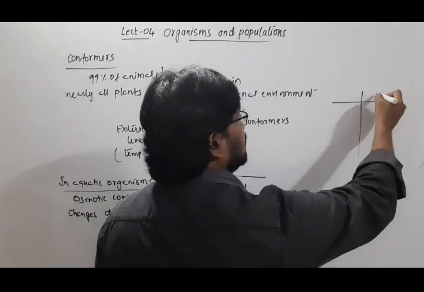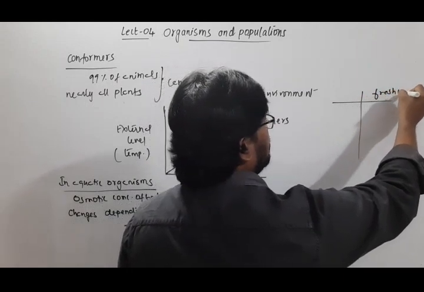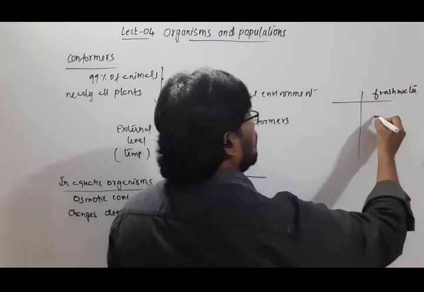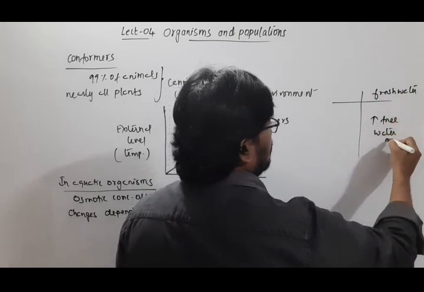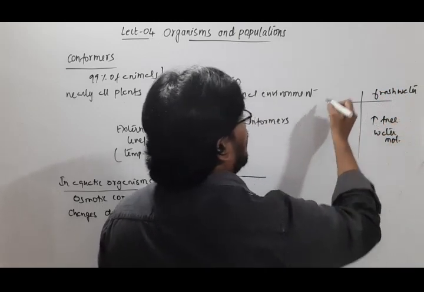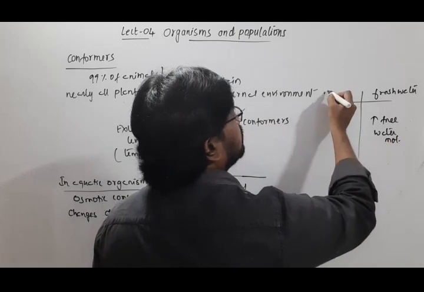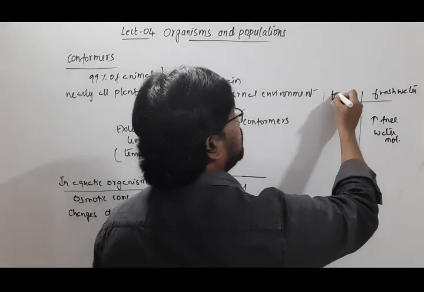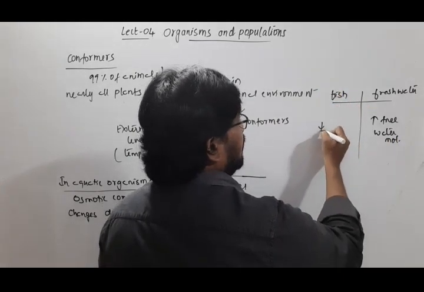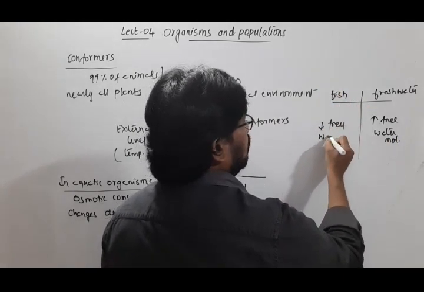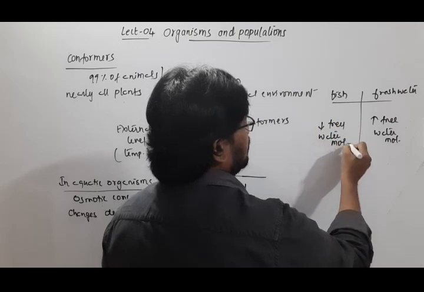So when we see here, say this is the fresh water, where you will find more free water molecules, and in case of the fish, there will be fewer free water molecules.